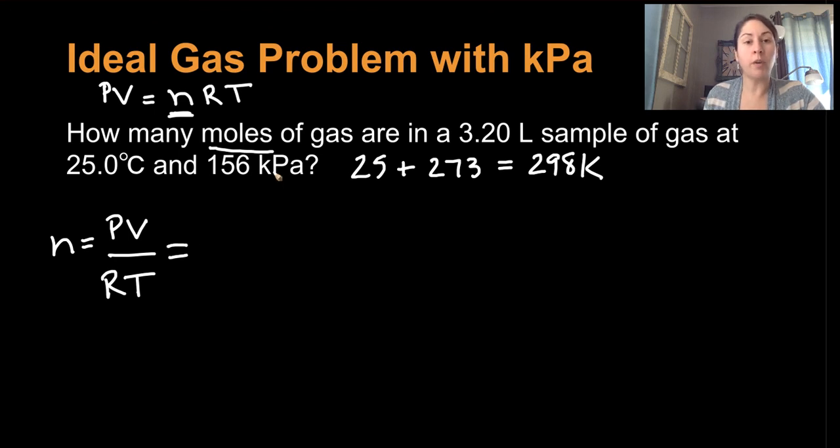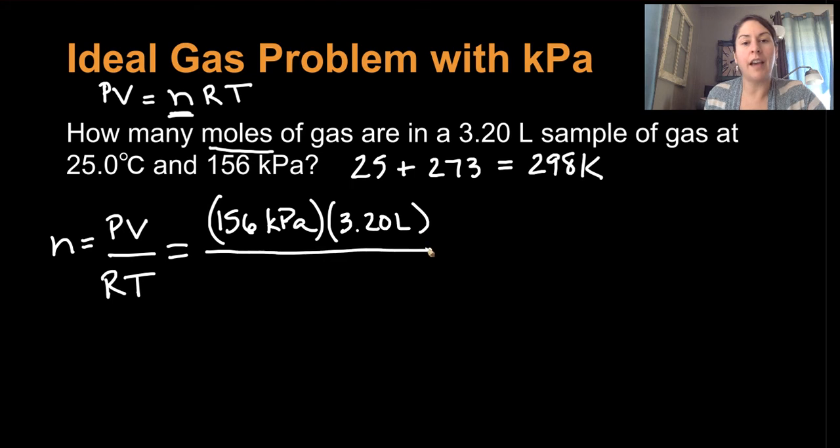So what I want to do is pull my P value. My P value was right here, so that's 156 kilopascals. I'm going to multiply that times my volume, which is 3.20 liters. And then I want to divide that by my temperature, which is 298 Kelvin.